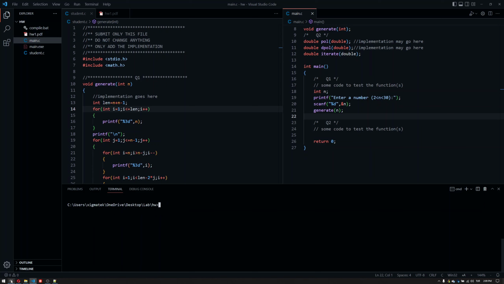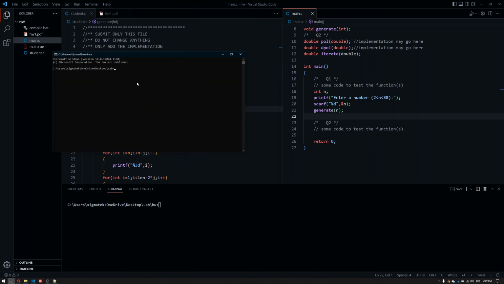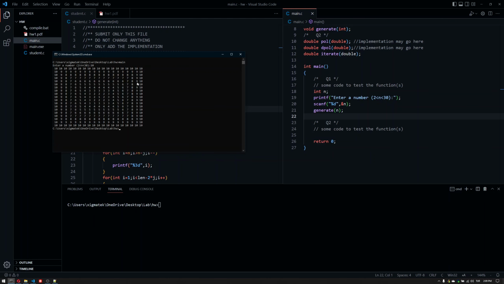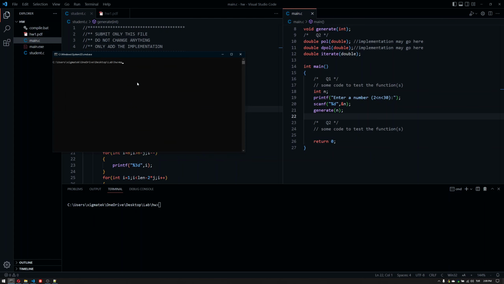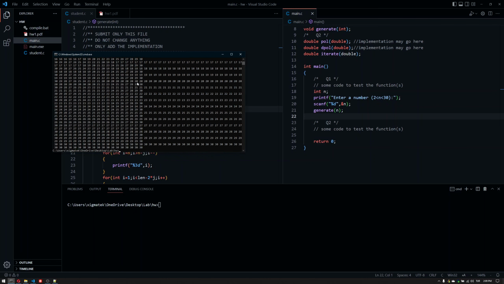So I created an external one here because I'm going to say main, and then print in, for example, 10, hopefully, and then we get the structure here. So print main, try 30.